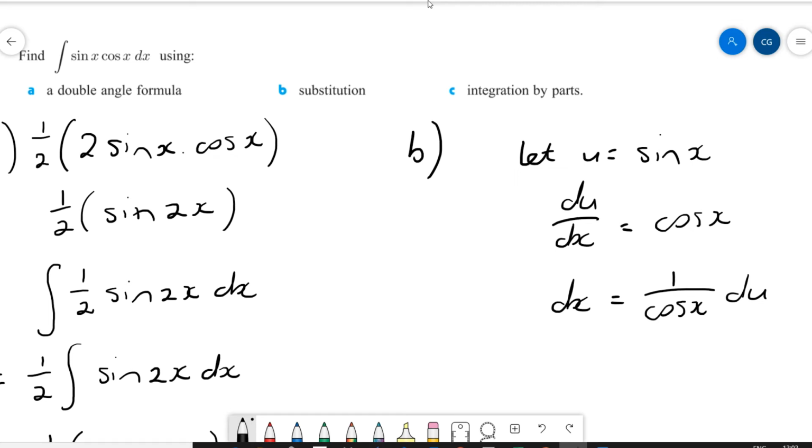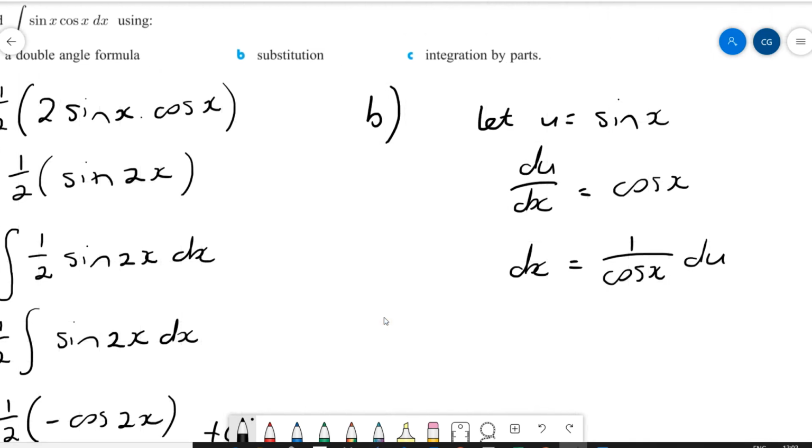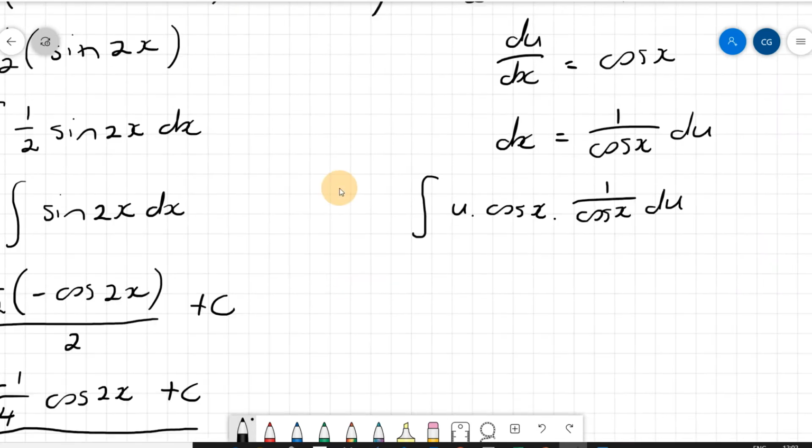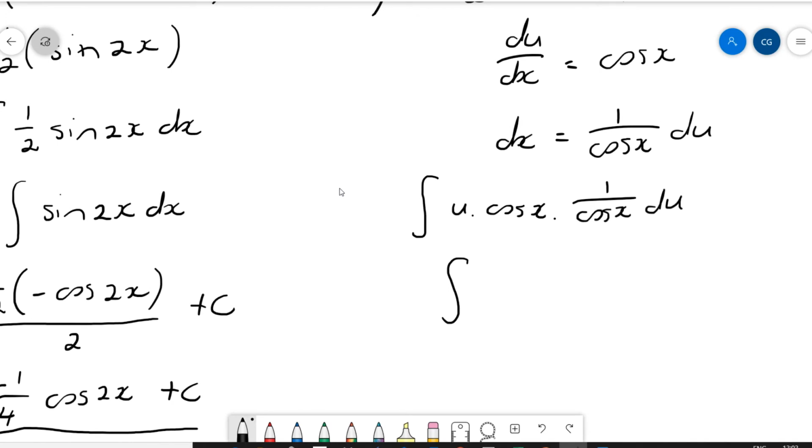Now let's rewrite our integral with our given substitution. Since sine of x is u, it becomes u times cosine of x. Now instead of dx, we can replace dx with 1 over cosine of x du. So my integral simplifies to the integral of u du.